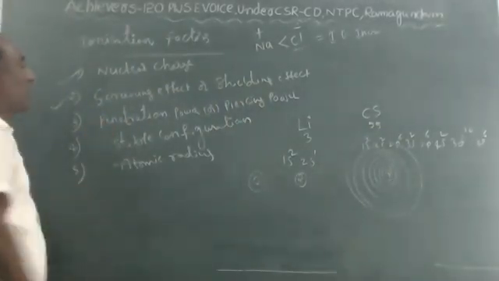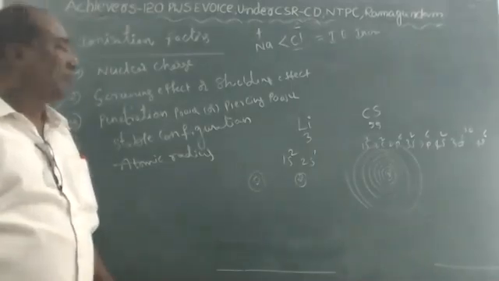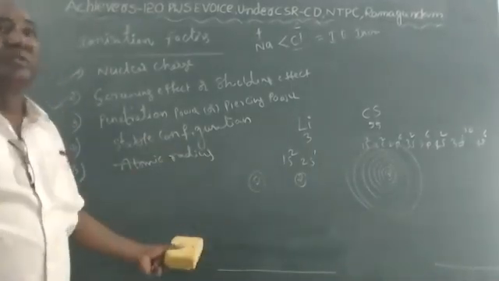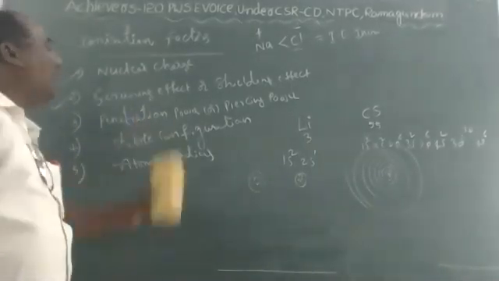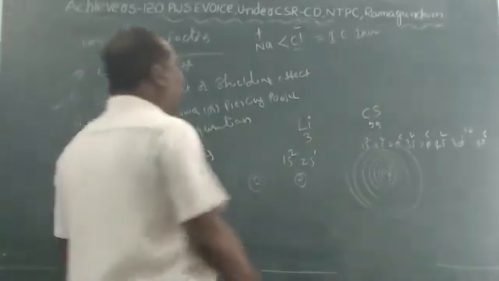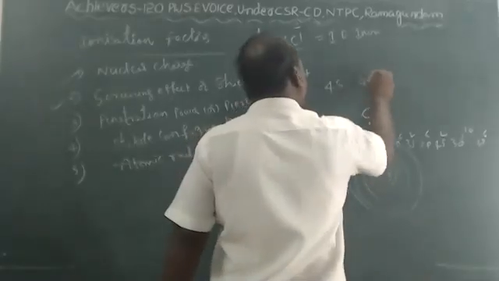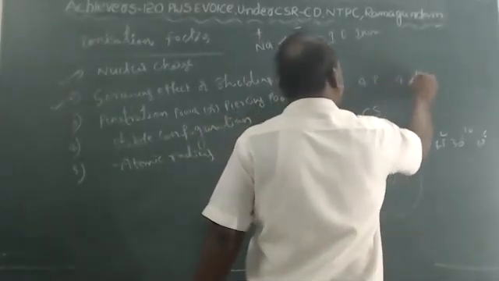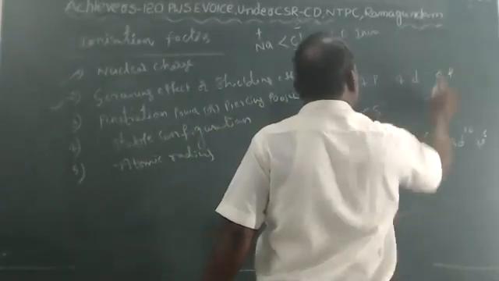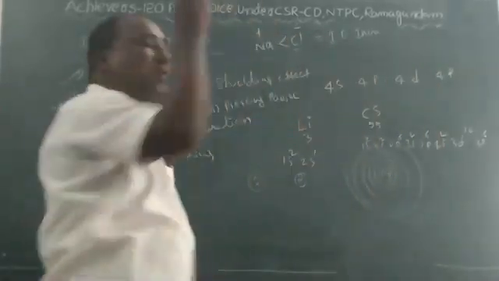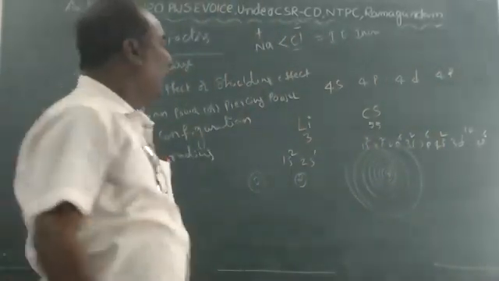Next one, penetration power or piercing power. The same main shell consists of subshells with different penetration power. For example, 4s, 4p, 4d, and 4f all belong to the same main shell.